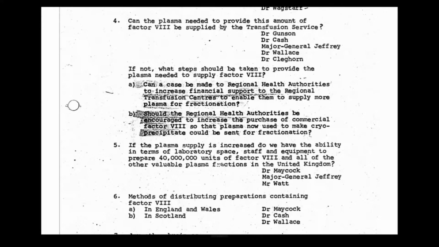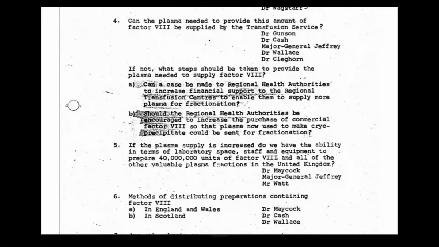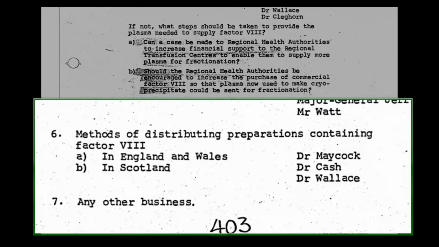And then reference made to making the case for increased funding. And then item 5 was raising questions about space, staff and equipment to deal with increased plasma supply. And paragraph 6, methods of distribution in England and Wales and in Scotland.